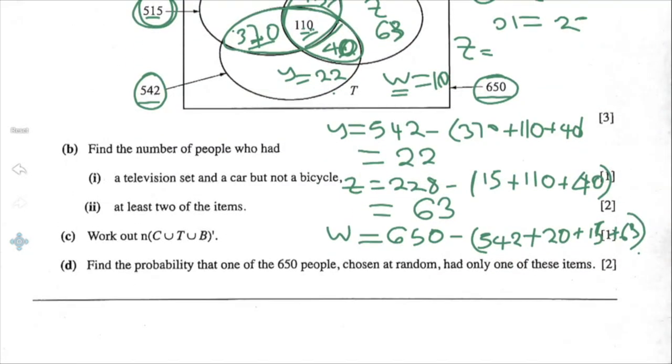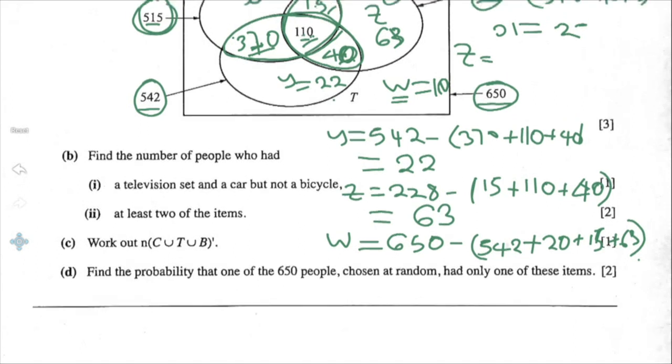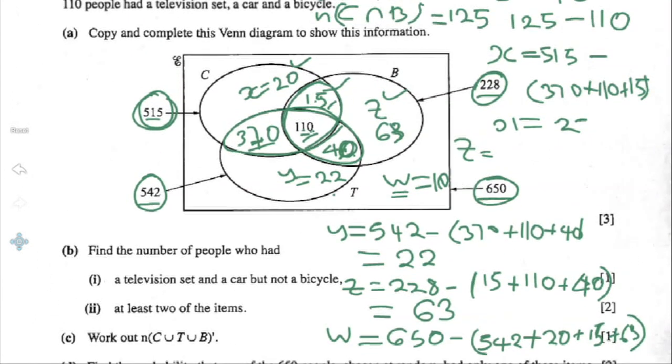Right. Now you can find the number of people who had, Roman 1, a television set and a car, but not a bicycle. Looking at this, it's a television set, which is T there, and a car, but not a bicycle.